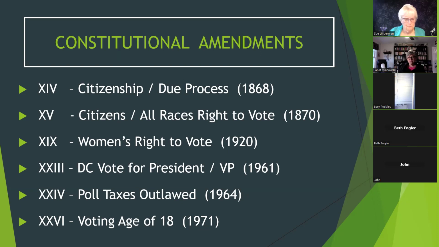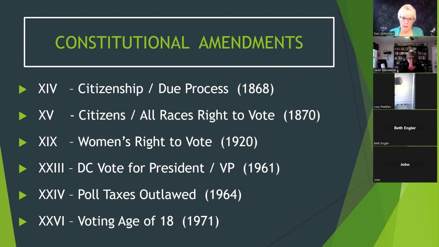The 23rd Amendment gave residents of the District of Columbia the right to vote for president and vice president. As we know, DC does not have a congressperson or a senator, and until 1961, the residents of the District of Columbia couldn't vote in any national elections until the 23rd Amendment said that they could indeed vote for president and vice president.